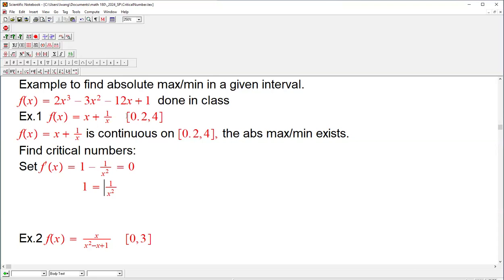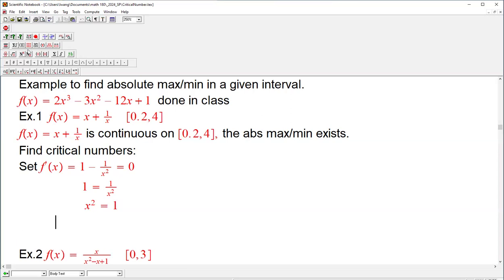And because we're doing all of this inside the closed interval where x is positive, there's no issue of x equals 0. So multiply both sides by x squared, so x squared equals 1. When we take the square root on both sides, the square root of x squared is the absolute value of x, and the square root of 1 is 1.